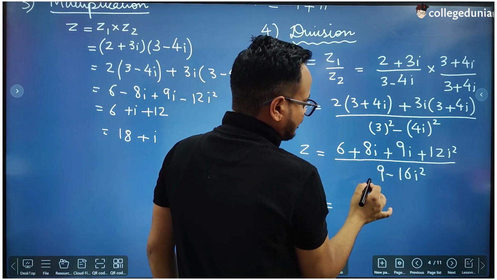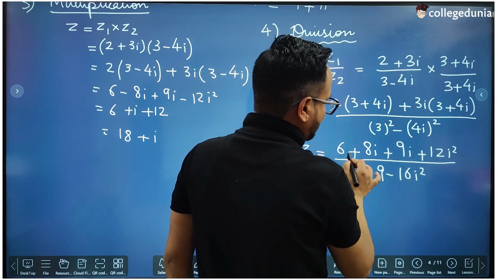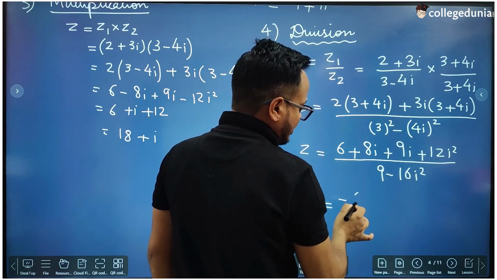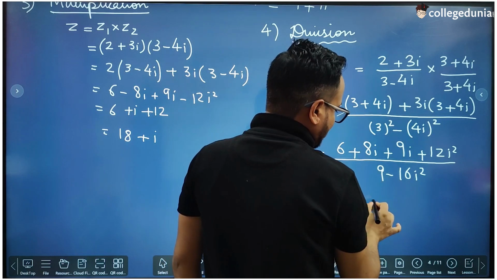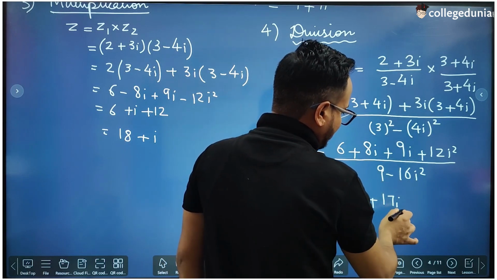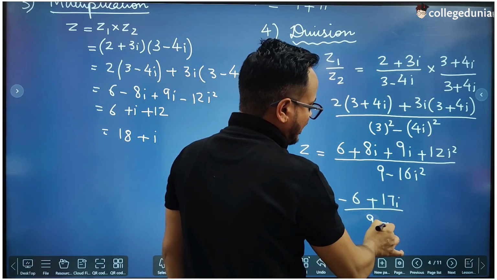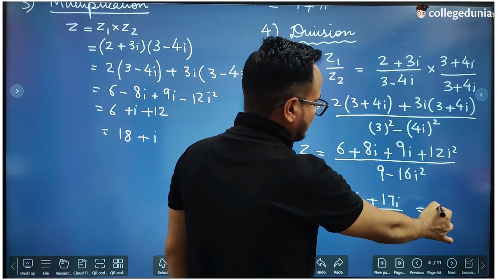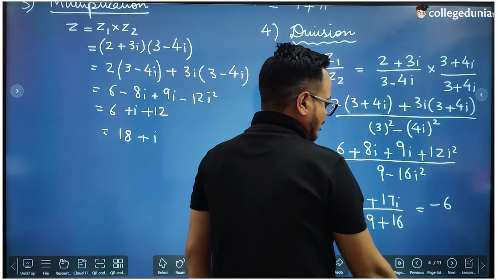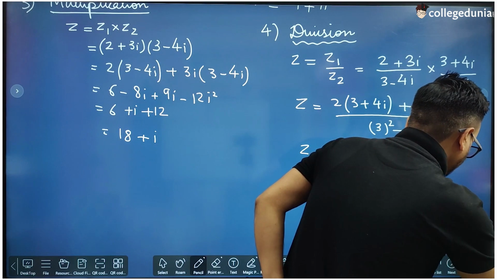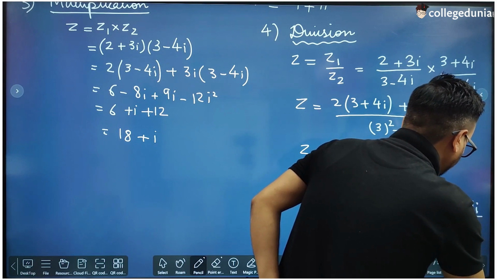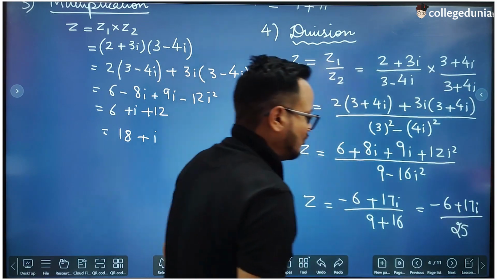And this i square is also minus 1, so 6 minus 12 is minus 6, and 8 plus 9 is 17i, divided by 9 plus 16, that is minus 6 plus 17i divided by 25.